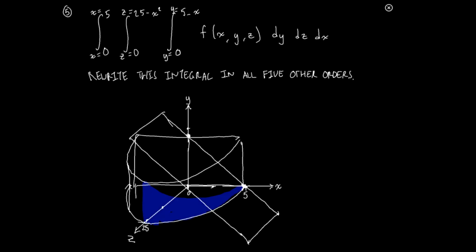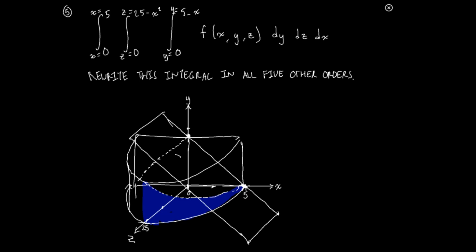We have sort of a bisection created by this plane and this parabolic shape right here. Then we have another bisection created by this plane and the yz plane.